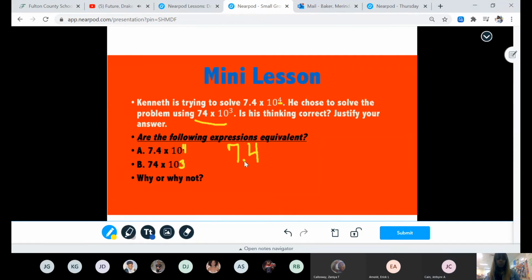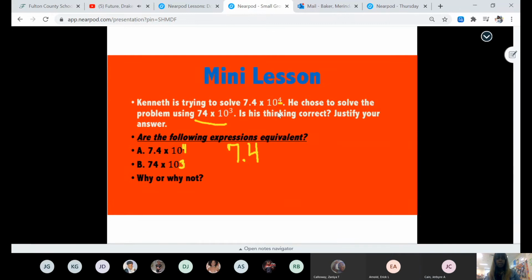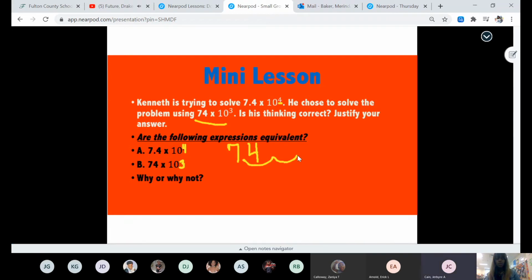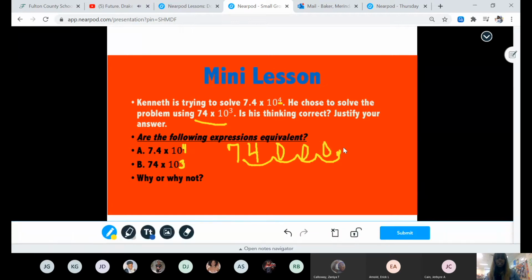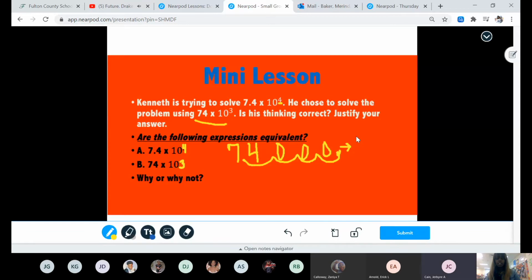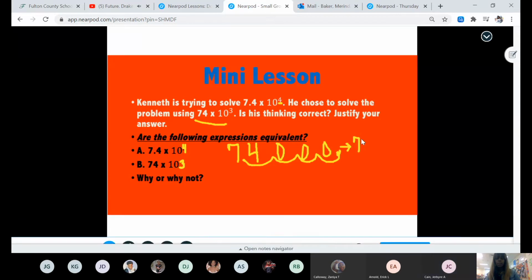So I found my decimal. I need to move it to the right, and my exponent lets me know I need to move it 1, 2, 3, 4 times to the right. And I have to fill those empty spaces with 0. 0 is our placeholder. And then guess what? Miss Baker always rewrites her number after I solve it just so that it can make more sense.